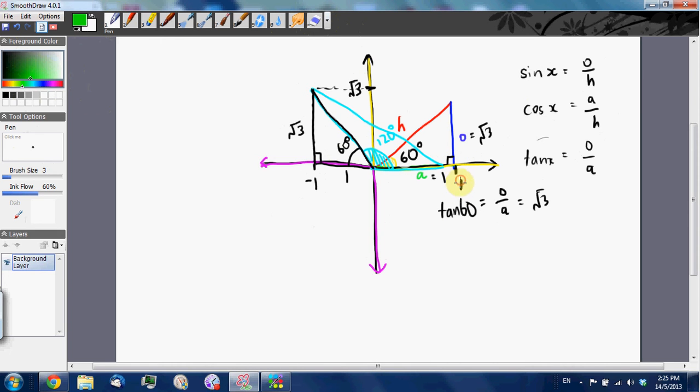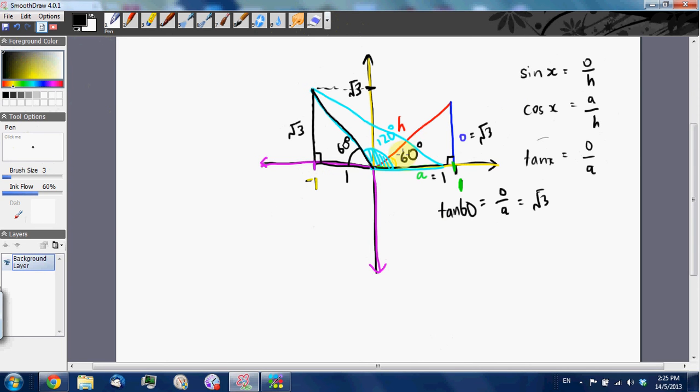The length of this yellow line that I'm going to draw now is 1, but because it's in the negative axis, it is negative 1.